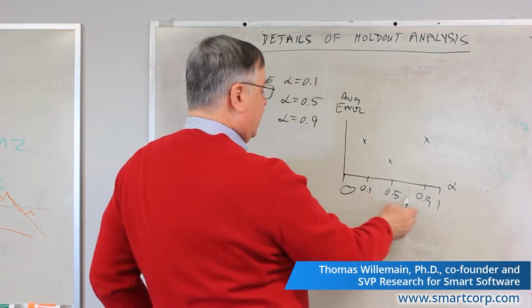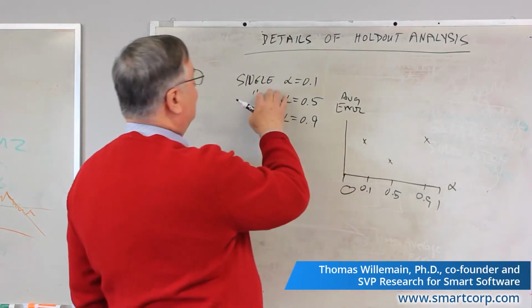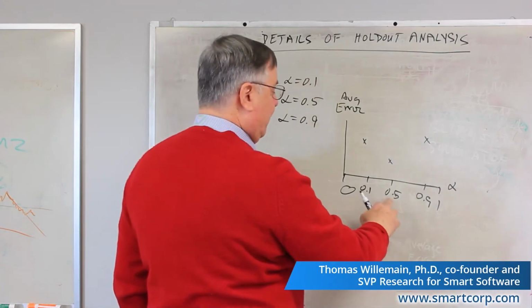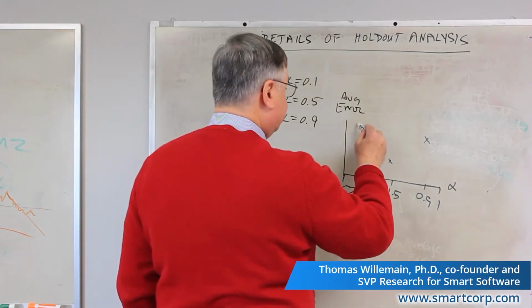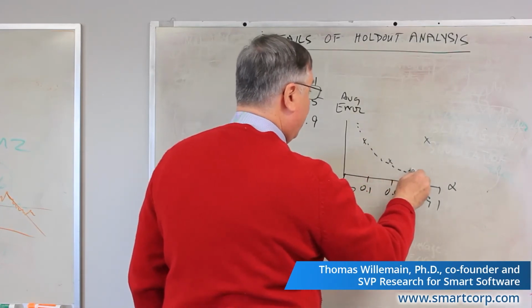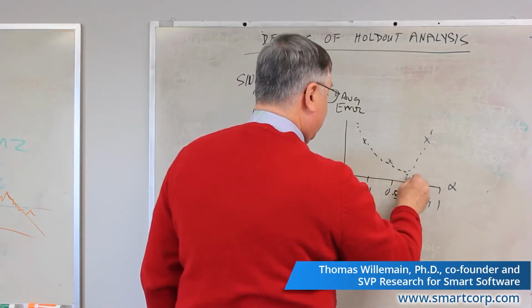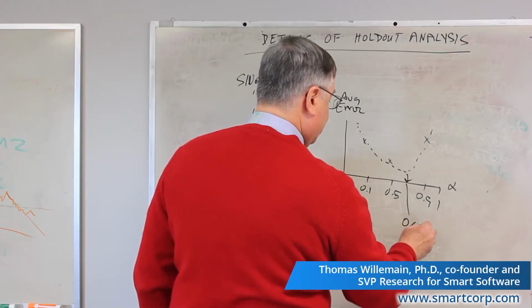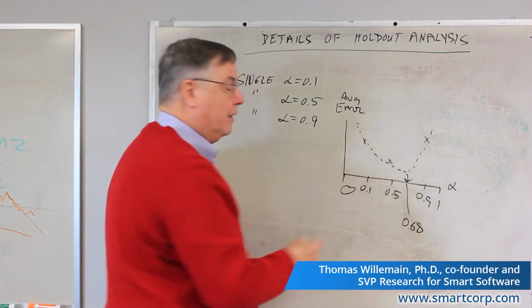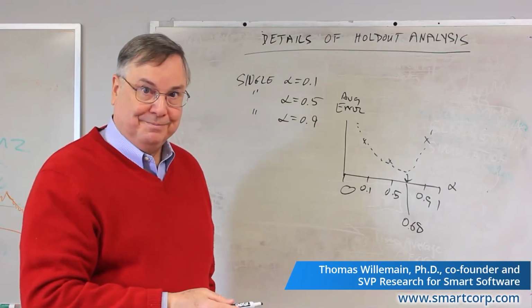It looks like the best way to tune this method is to put alpha near 0.5, but we go even farther and we say maybe it's even better to look here. Let's call that 0.68, and we try a fourth value.